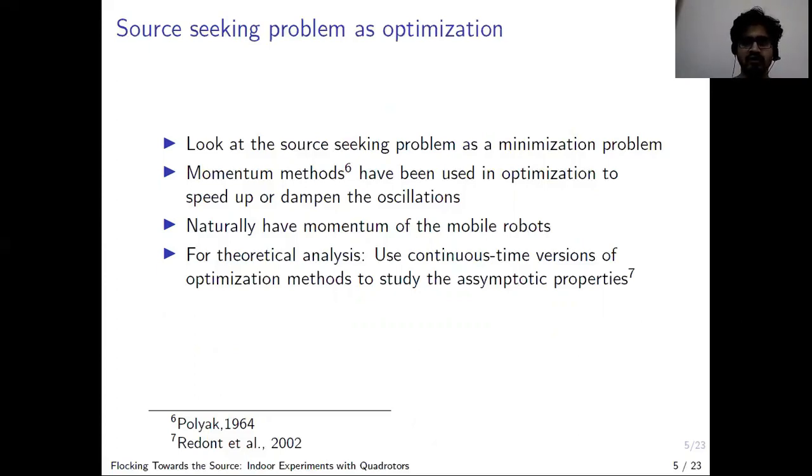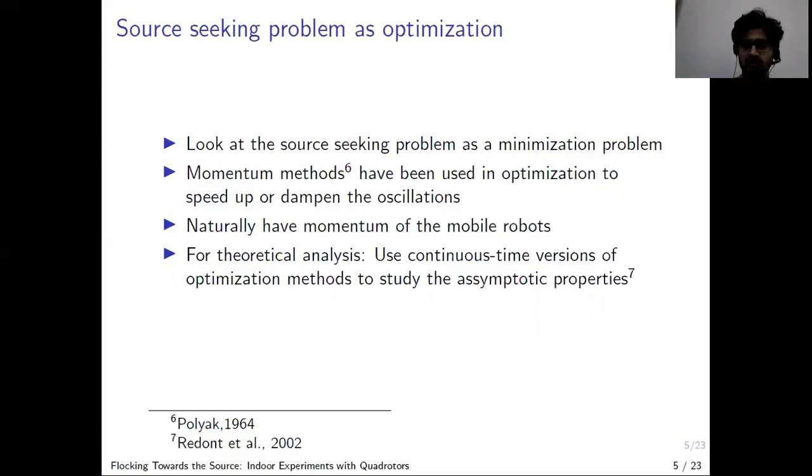Now, momentum methods have been around in the optimization literature and are known to speed up convergence rates and dampen oscillations. These methods are all the more interesting to us because our mobile robots naturally have momentum and inertia to them, and the dynamics of these methods can be easily augmented with the flocking dynamics.